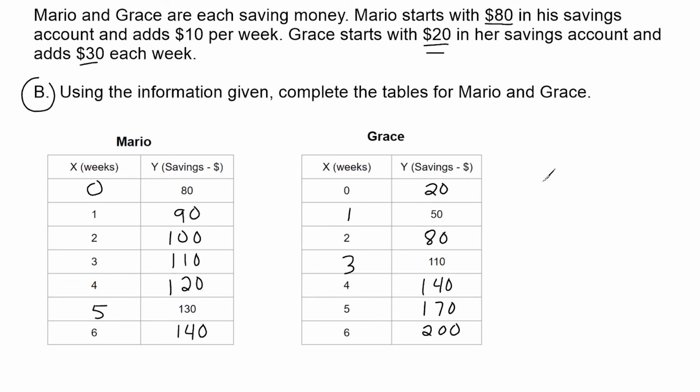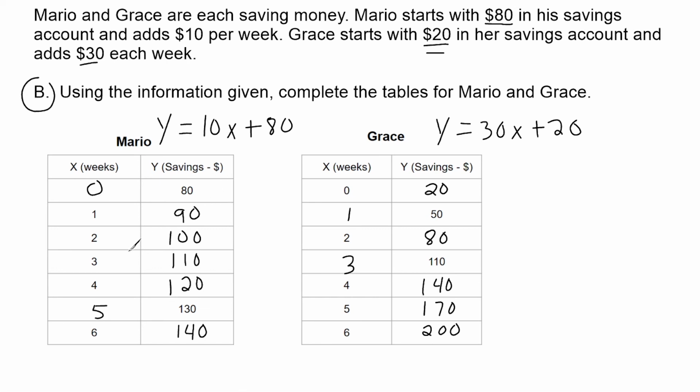Now remember, the equation that represents Mario's situation is y equals 10x plus 80, and Grace's equation is y equals 30x plus 20. And what we can do with those equations that we did in part A is take any one of these x's, which are the inputs, and put them into our equation, and we should get the correct output.